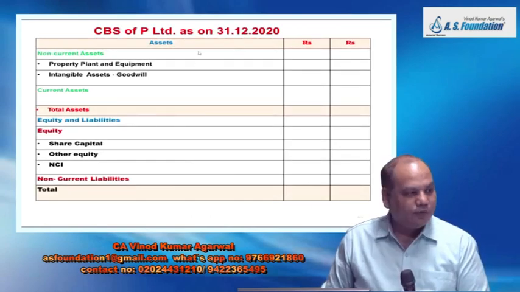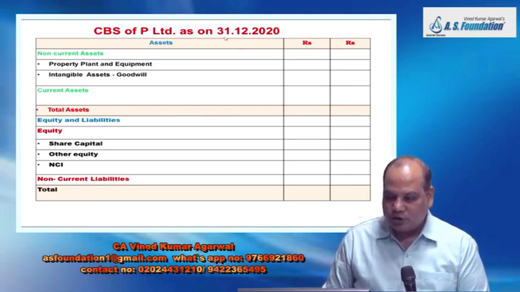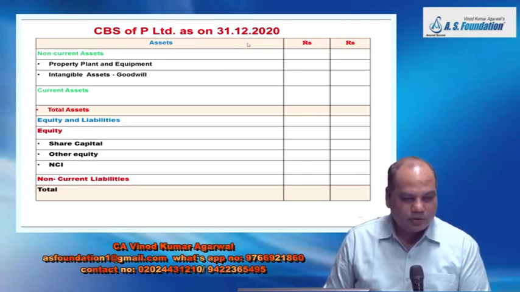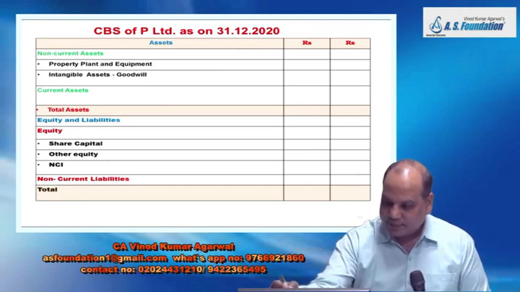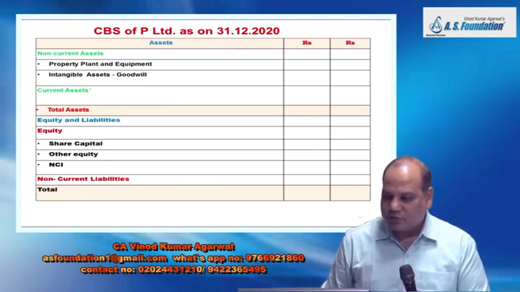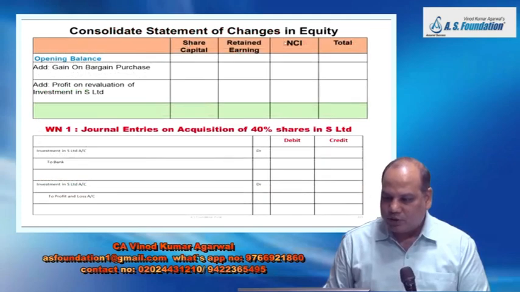So first you see the format that I will require. One, I will require the CBS of P Limited, consolidated balance sheet, or you can write SOFP, on what is the date? 31st March 2020. Then I will require one statement of changes in equity.